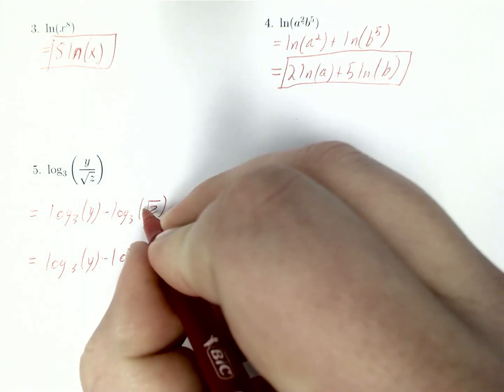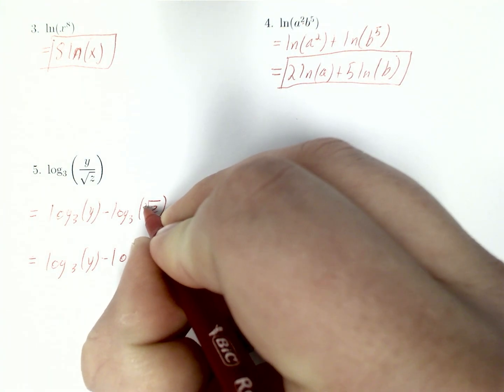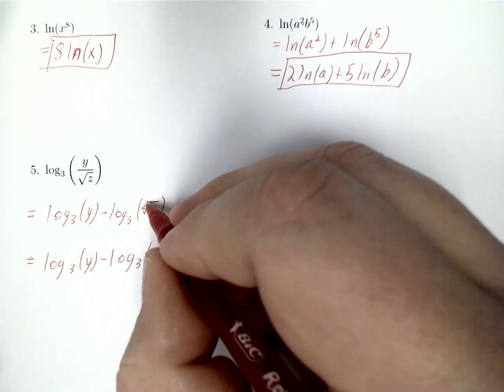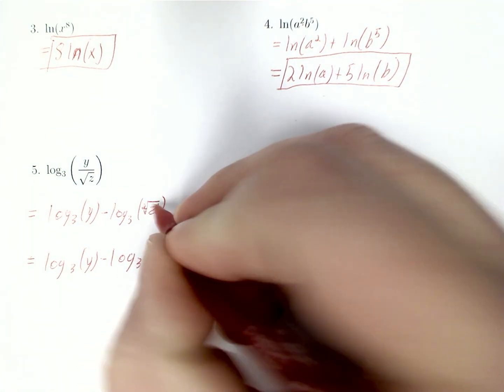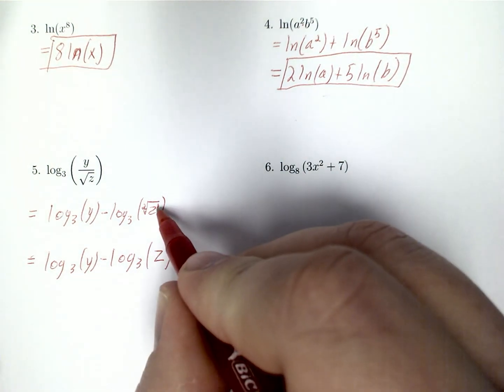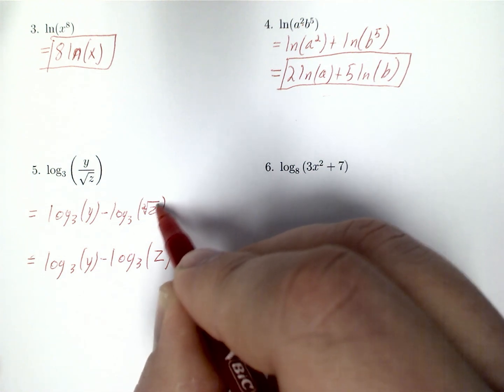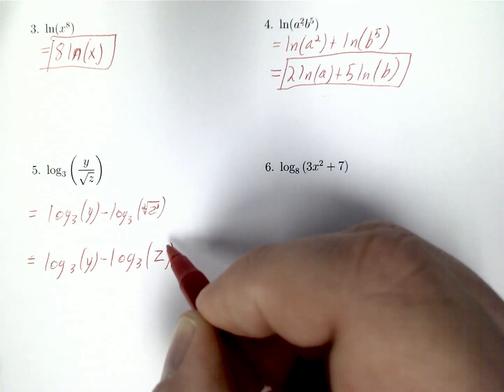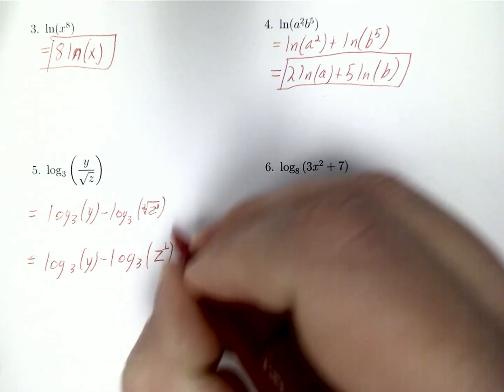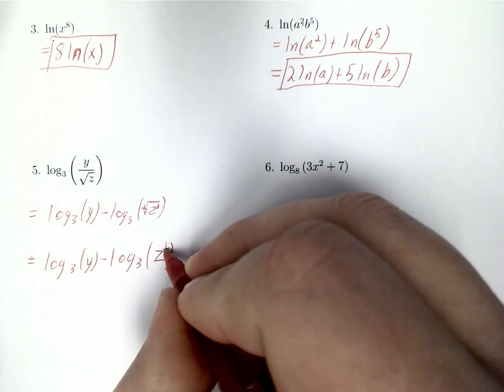Remember that if you have a square root, there's an index of 2 in the little divot of the square root there, and the z has an exponent of 1. We think about the exponent of z as the numerator and the index as the denominator.